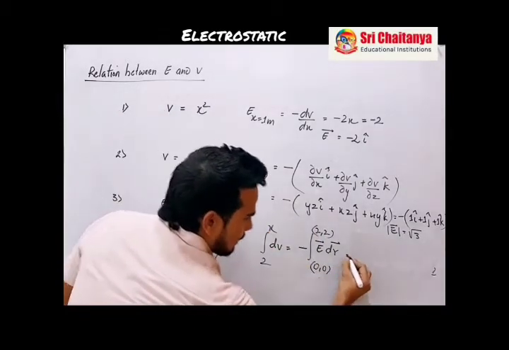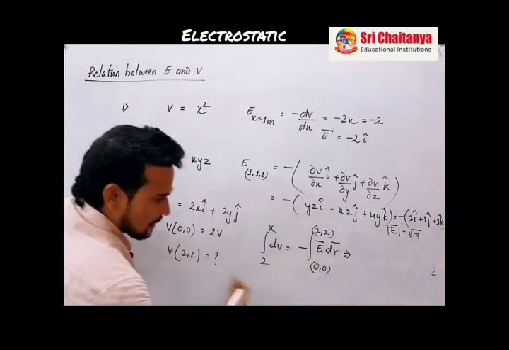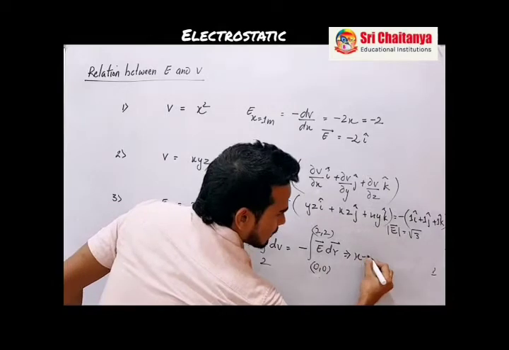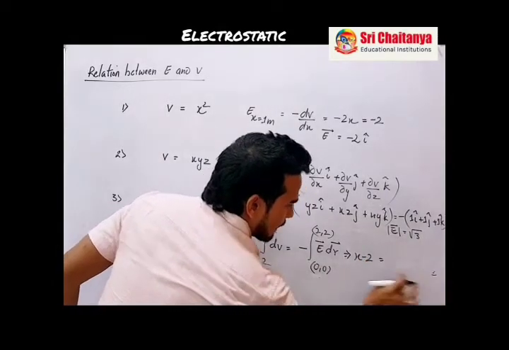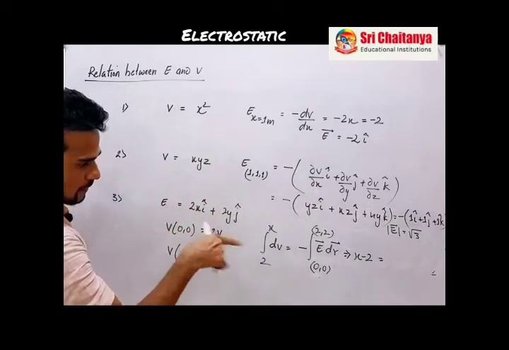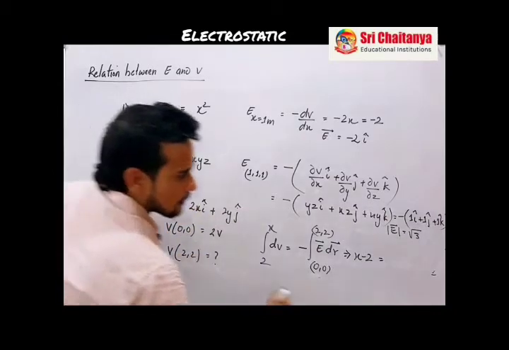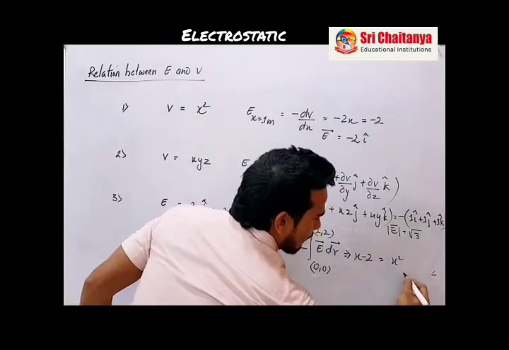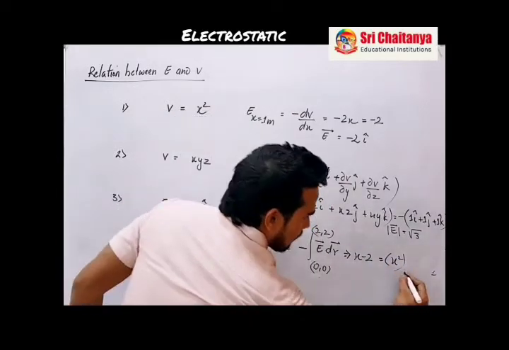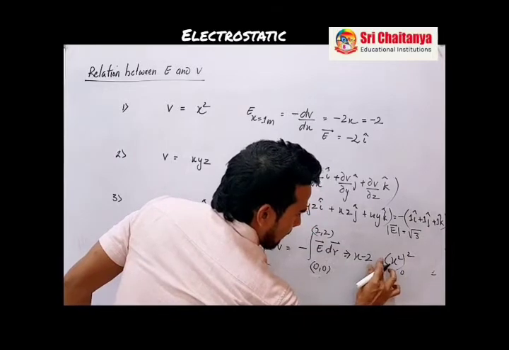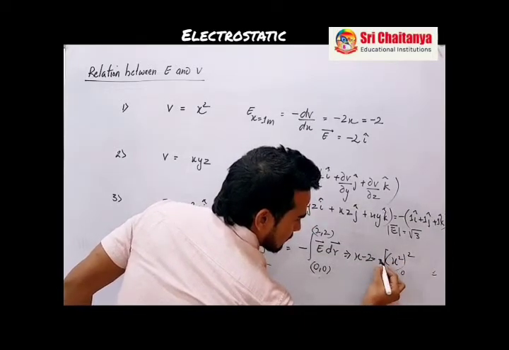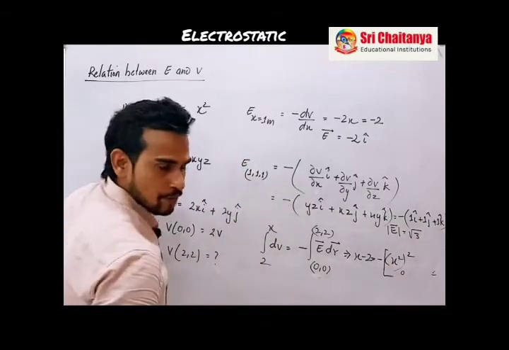Now if you integrate this, I think everyone knows the basic integration. This side after putting the limit you will get x minus 2, and that side after integration 2x will give you 2x square by 2. 2 will get cancelled. So you will get x square, limit will be from 0 to 2, and here minus, don't forget this minus, otherwise your answer will change.